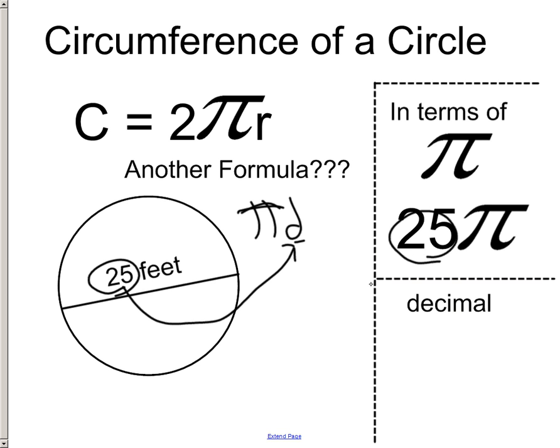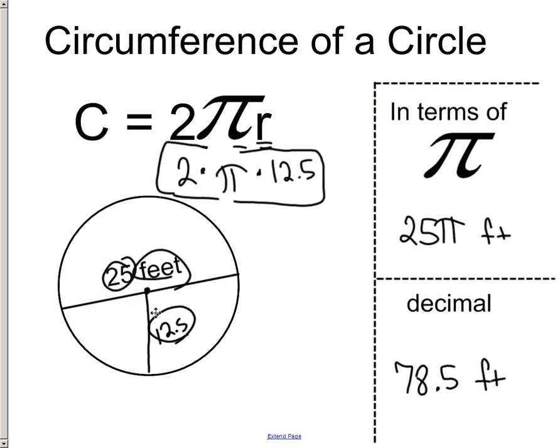But that's one thing that you might want to keep in mind there. It's not the end of the world if they give you the diameter for circumference, because it actually makes your job a little bit easier. However, our reference sheet only has this formula. So if you need to go ahead and cut that diameter down to half because you're just more comfortable with it, absolutely, you still get the same answer.